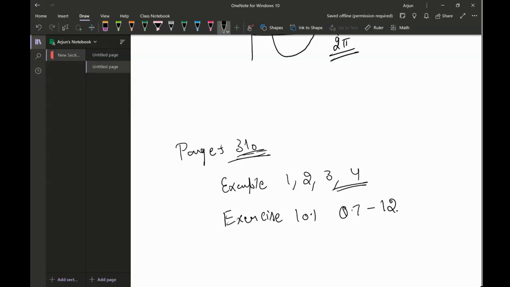And then from exercise 10.2, actually, you can go directly to 10.3. In 10.3, you can solve some of the questions, questions 3 to 16.